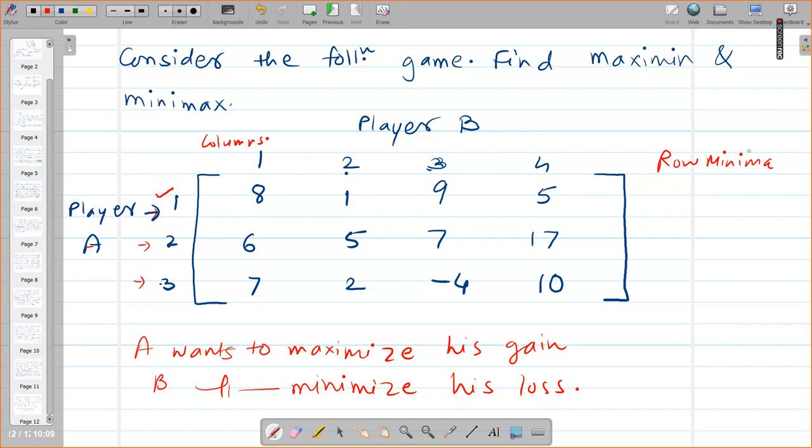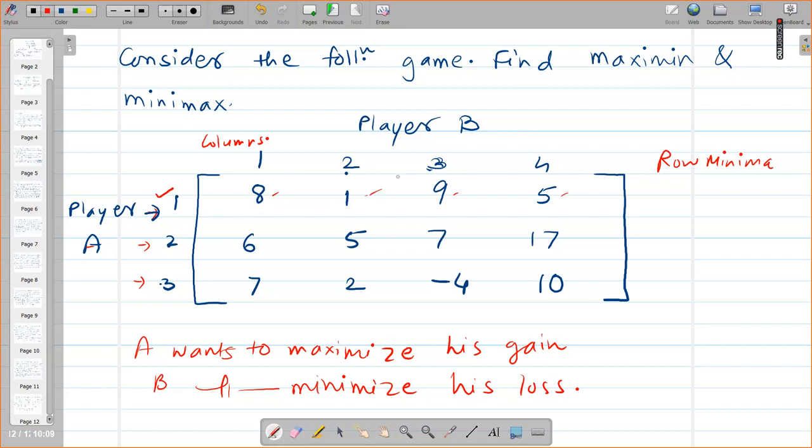Because here I'm fixing player A's strategy. Player A को मैं बोल रही हूँ कि that I'm fixing your strategy for a moment. Player A has no choice right now, but player B has how many choices? 4. So player B का interest क्या है?